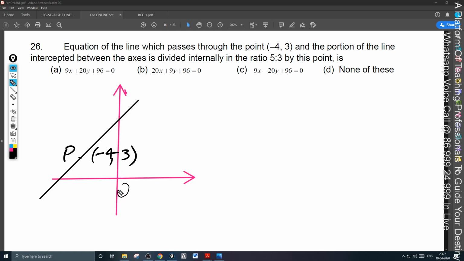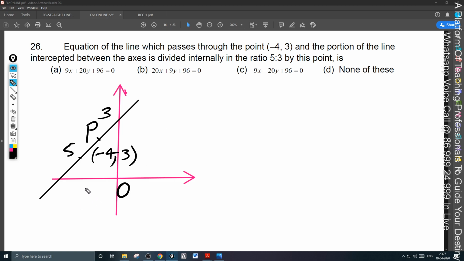And that is the origin there. It is given that it is divided by this P in the ratio 5:3. Let me place the point P here, because the ratio is 5:3. This is 5, this is 3.